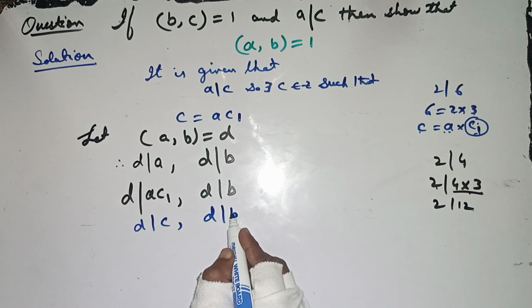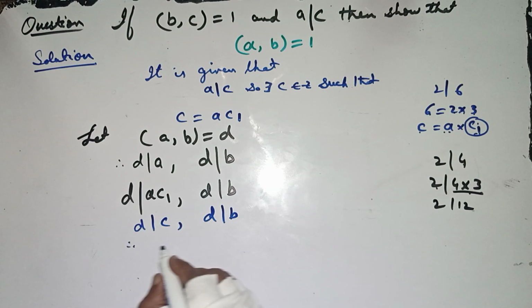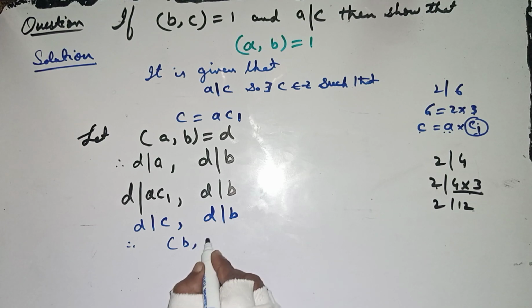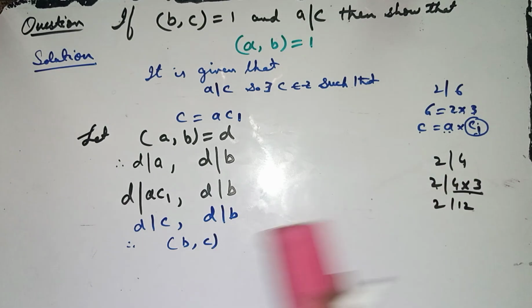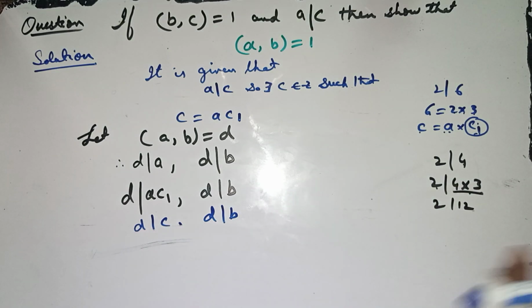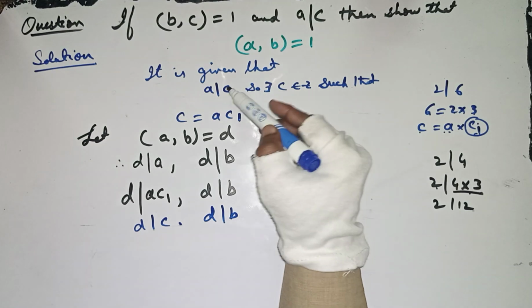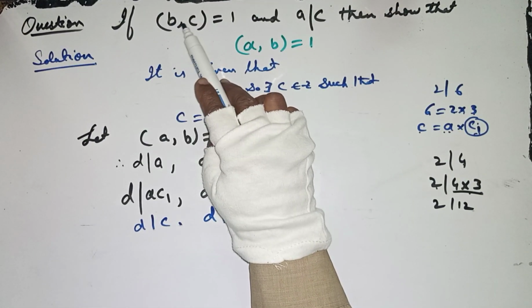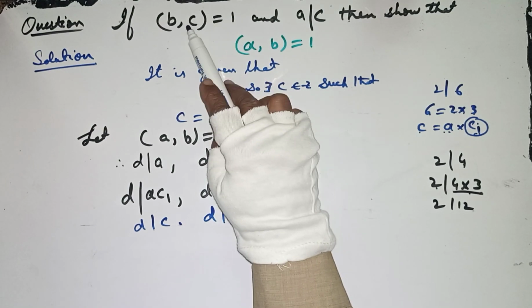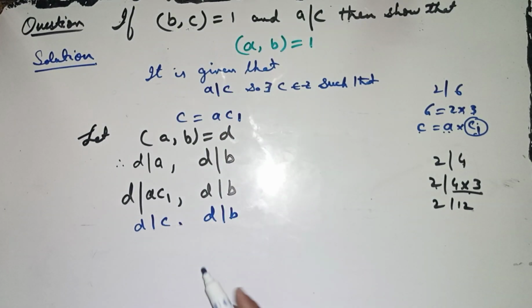If D divides both of these, B and C, here you can see that B and C are relatively prime, meaning there is no common divisor of these two numbers greater than 1.